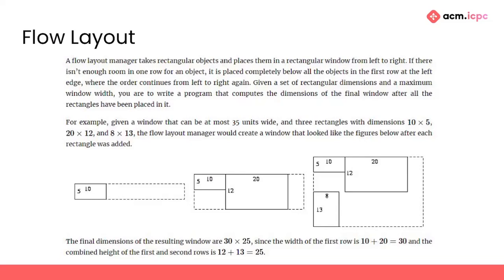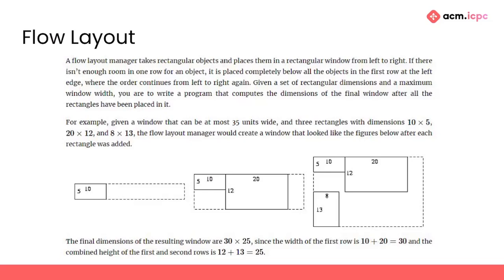So we're given a set of rectangles and a width limit. We can traverse through all the rectangles and keep track of variables. The first two track our current row's width as well as our max height.